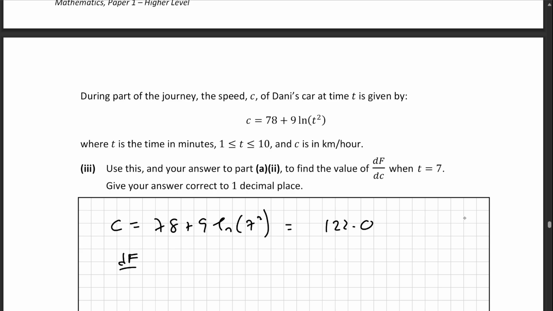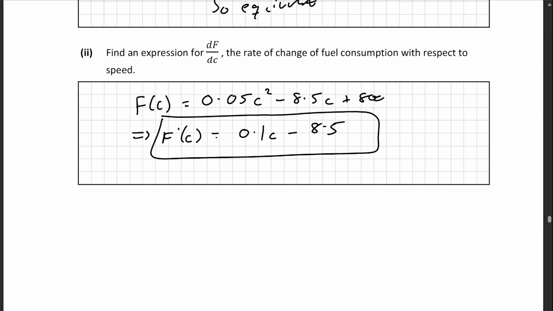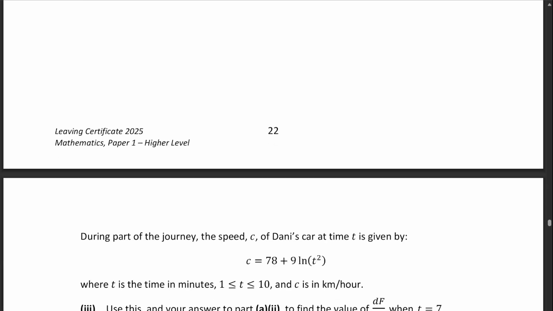I should be writing that as DFDC, not F dash of C, just to keep the notation clear. So that should be DF of C, DC.